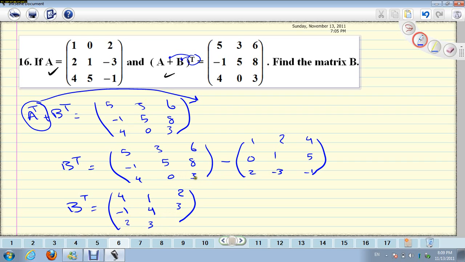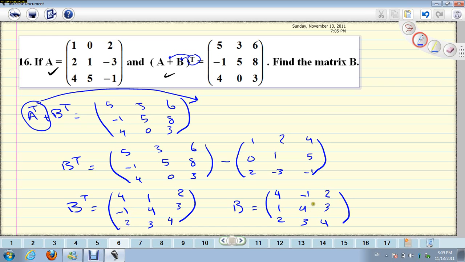And the last one, 3 minus negative 1, it's 4. And take care that the question wants you to get matrix B. So matrix B will be 4, 1, 2, negative 1, 4, 3, 2, 3, 4.